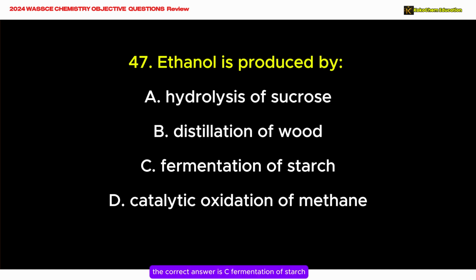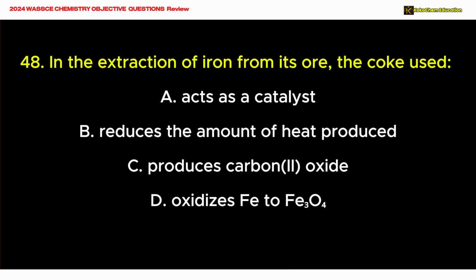The correct answer is C. Fermentation of starch. Explanation: ethanol is commonly produced by the anaerobic fermentation of carbohydrates such as starch and sugar by yeast.